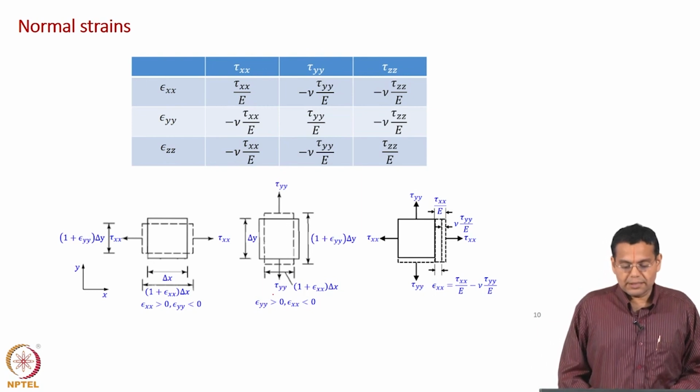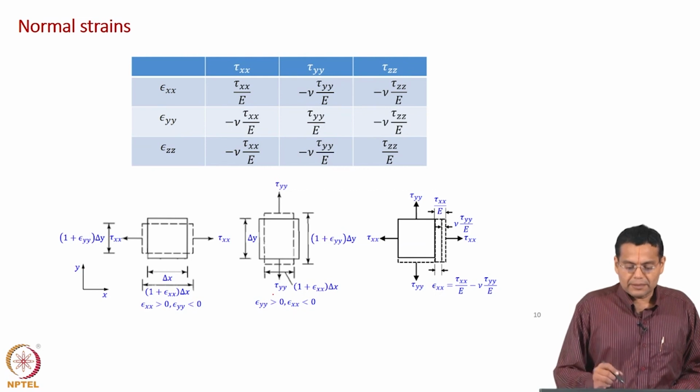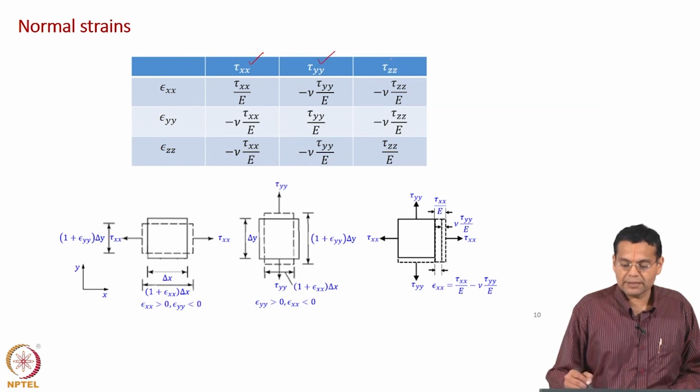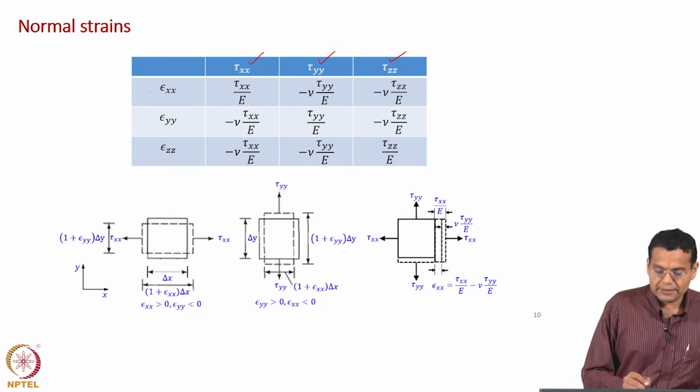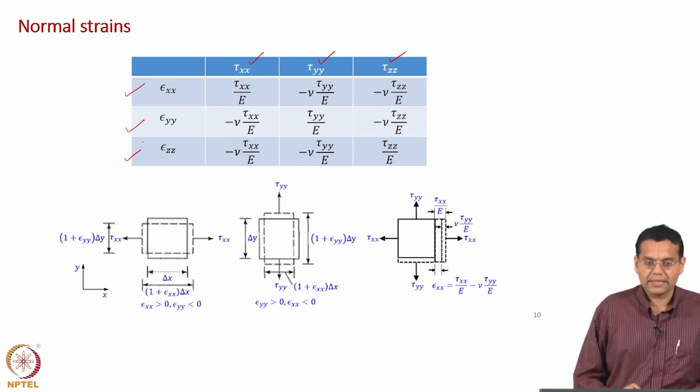What this table shows is that the column headings are the stresses, the normal stresses along x direction, y direction, z direction. What are the row headings? The normal strain along x direction, y direction and z direction.